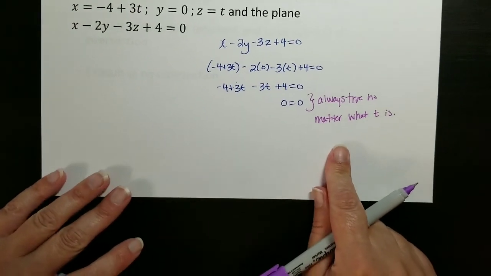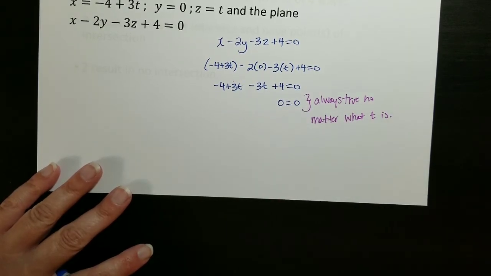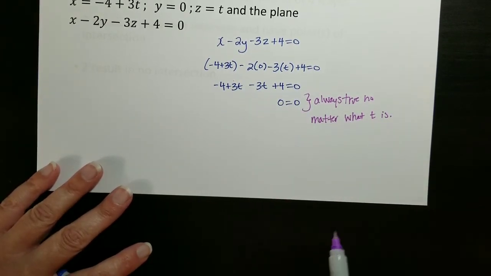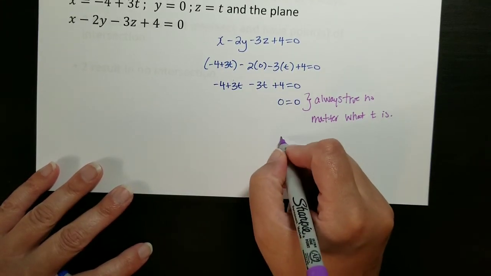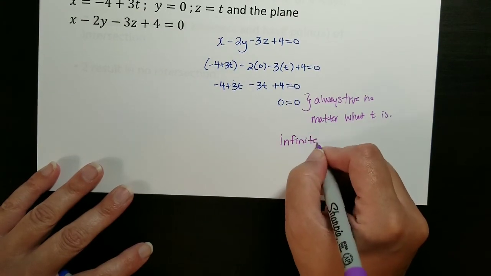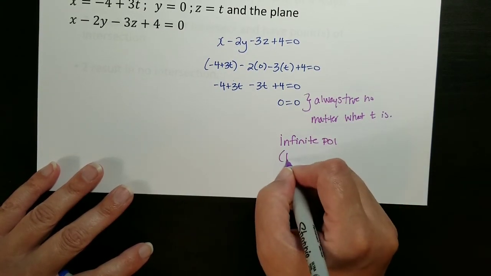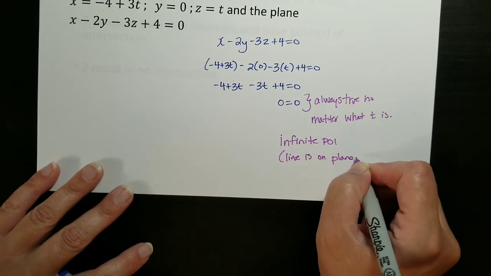So this case is that the line is on the plane because it's always intersecting. Regardless of the t value, the point on the line is also on the plane. So infinite points of intersection, the line is on the plane.